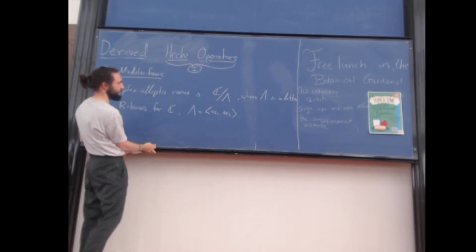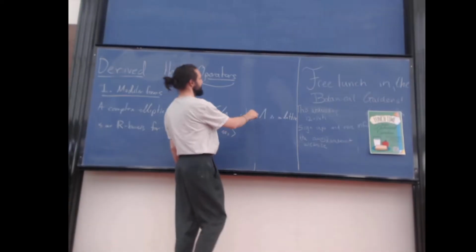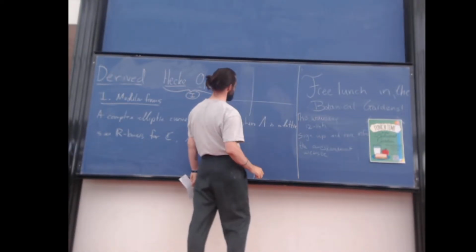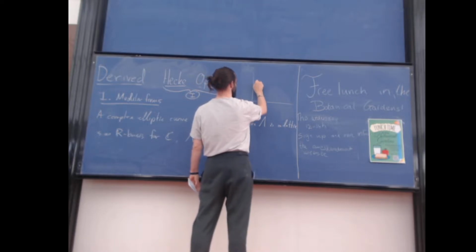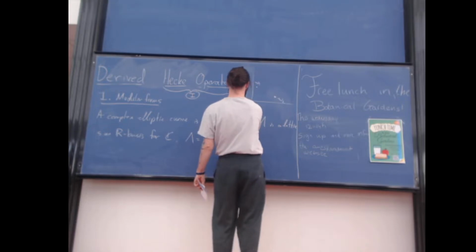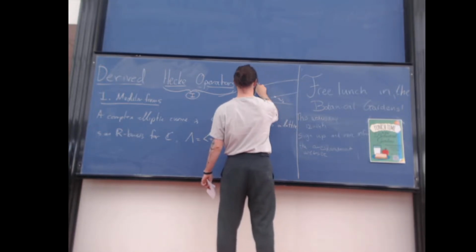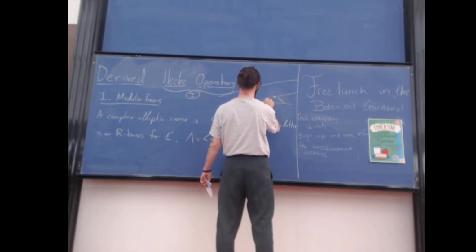Okay? And just to give you a picture of what it looks like, usually you have a complex plane, something like this. Maybe you have your omega 1 here and your omega 2 here. And then, of course, you have your lattice that looks like this. There's one vector, there's our second vector.